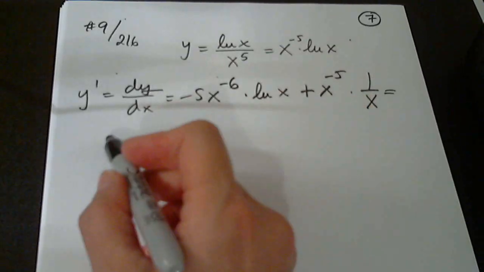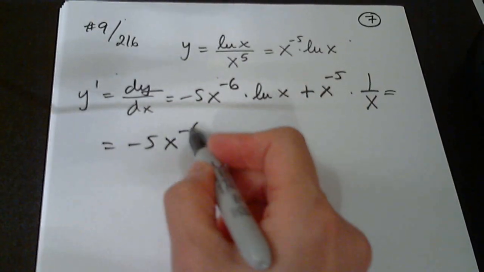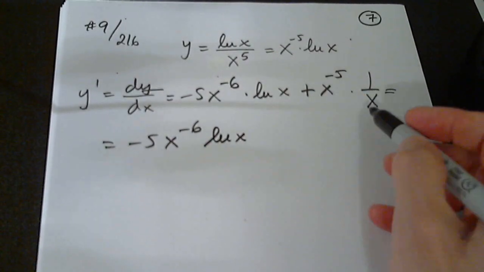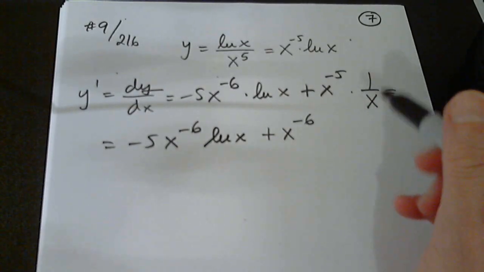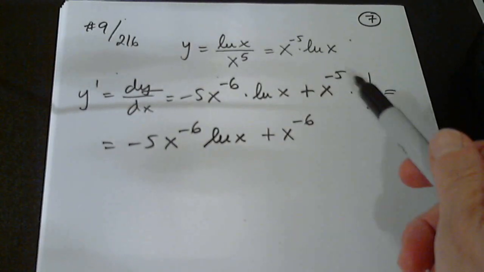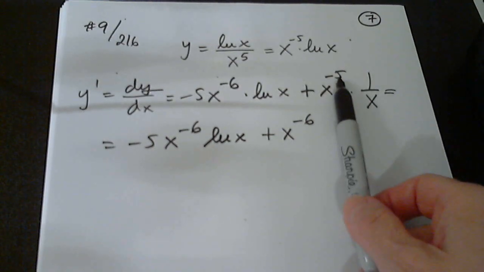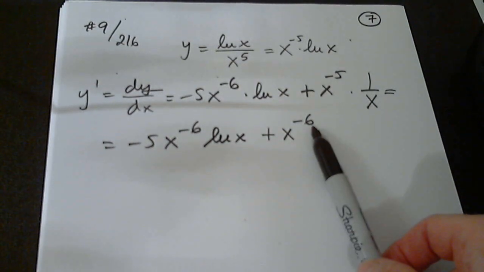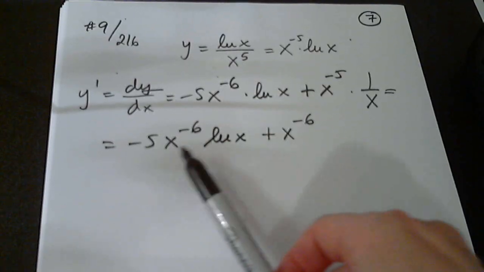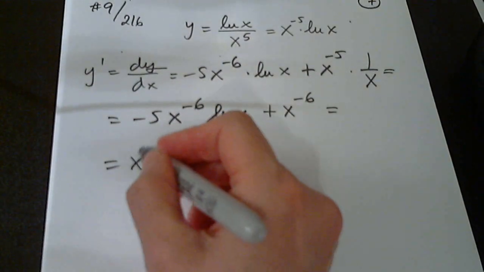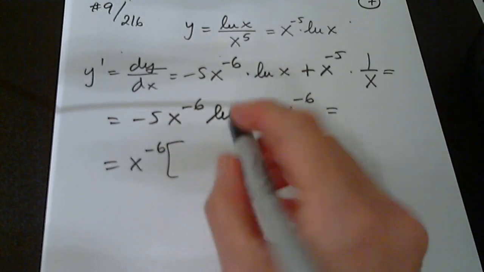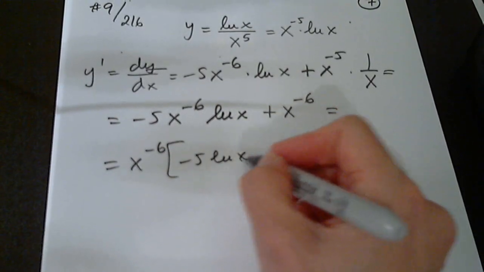So now notice negative 5 x to negative 6 natural log x, and this is plus x to negative 6. Copy the base and subtract the exponents. From negative 5, I subtract 1, and I get negative 6. Notice what happens. X to negative 6 comes out, and what is left inside is negative 5 natural log x plus 1.